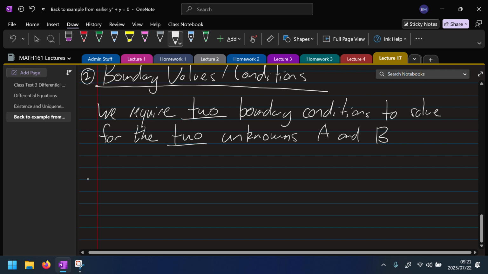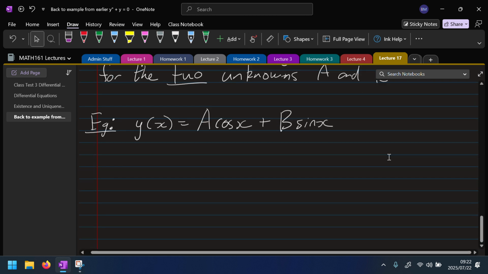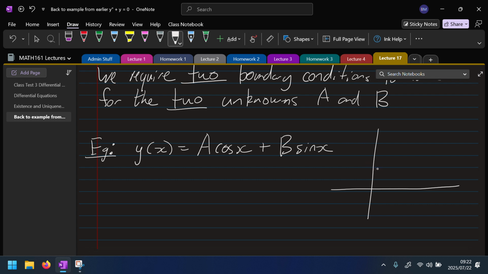Okay, let's have a look at an example. So we're going to have our solution like we had before, A cos x plus B sin x. And then we need values at the boundaries of our solution. So our solution might be something like that.